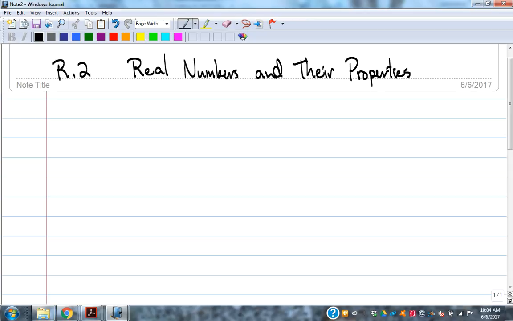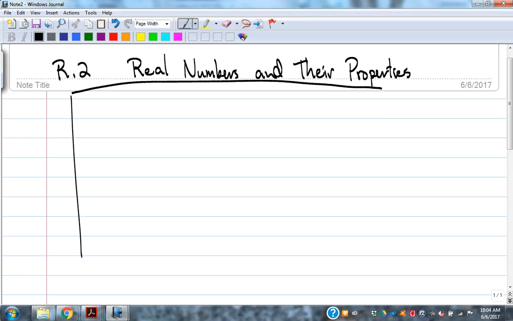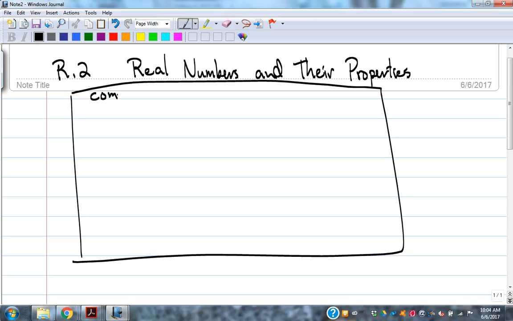So what I'm going to do is I'm going to draw a really big box, and I'm going to call that the complex numbers. Complex numbers is the biggest box we have. Okay. The complex numbers has the imaginary numbers in there, like where you take the square root of a negative number. Those are where those come from. Inside of that box is another pretty good sized box.